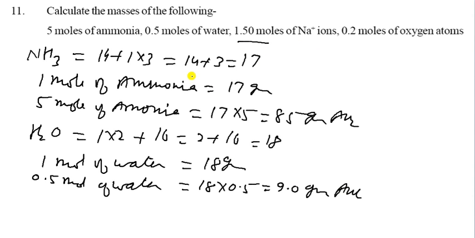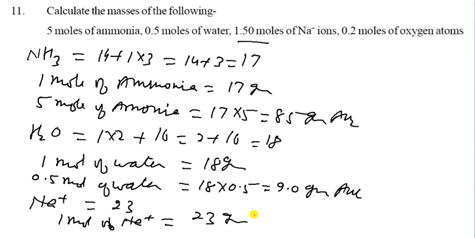Now what will be here? 1.5 mole of sodium ion. So sodium will be 23. So that means 1 mole of sodium is equal to 23 gram.